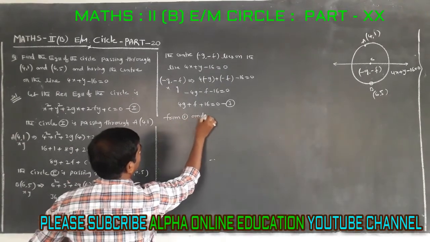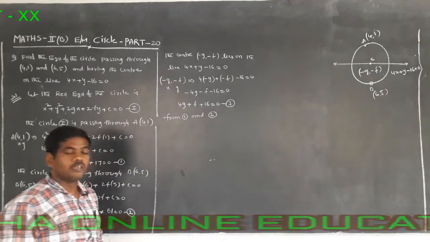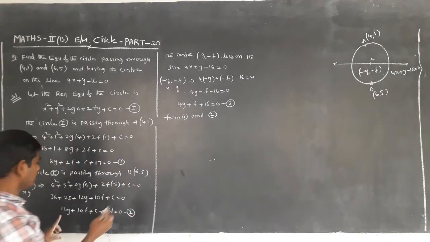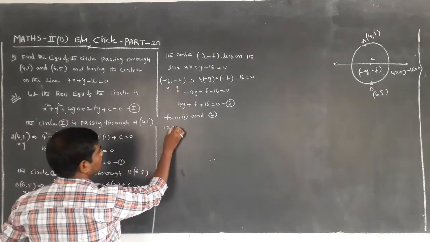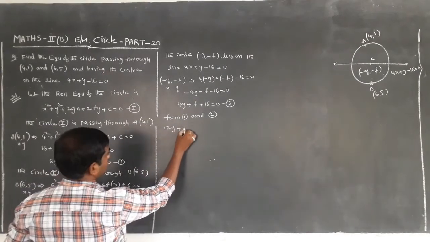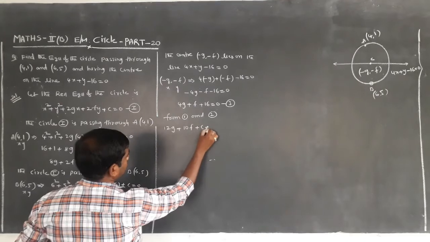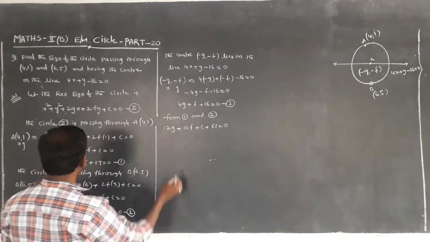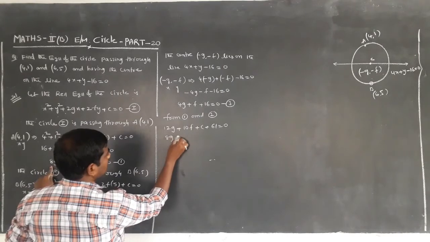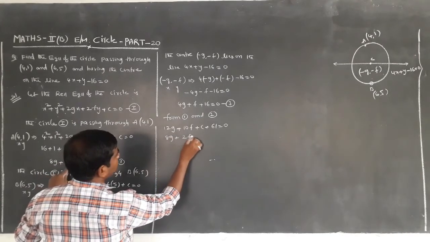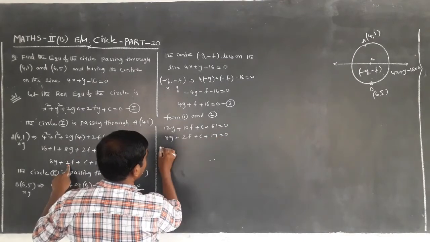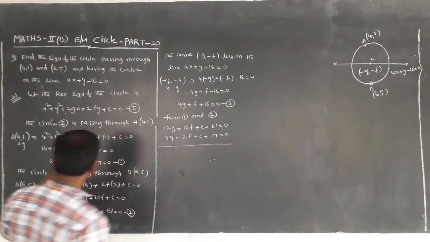From 1 and 2, solving 1 and 2 for eliminating c. Second one is 12g plus 10f plus c plus 61 is equal to 0. First one is 8g plus 2f plus c plus 17 is equal to 0.